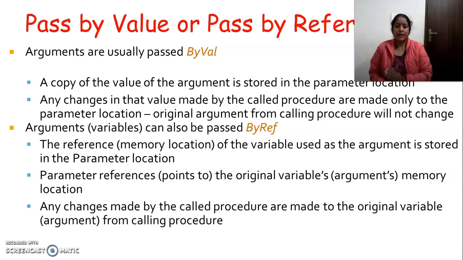A variable that is expected to contain a return value or output value must be passed by reference. We use the keyword ByRef to indicate the arguments passed by reference.